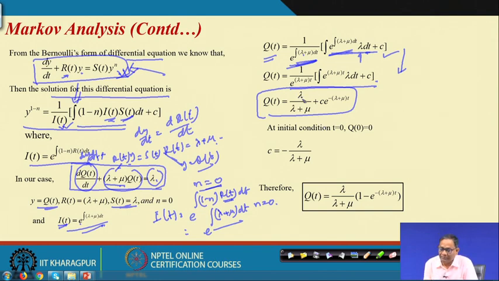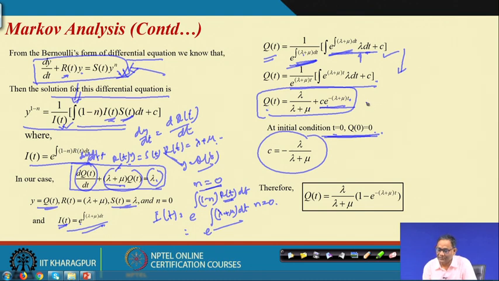So, lambda by (lambda plus mu) plus c into e to the power minus (lambda plus mu) t. Now, at the initial condition, if you put t equal to 0, q(t) equal to 0. So, when t is 0, e to the power 0 is 1. So, c will be minus this.